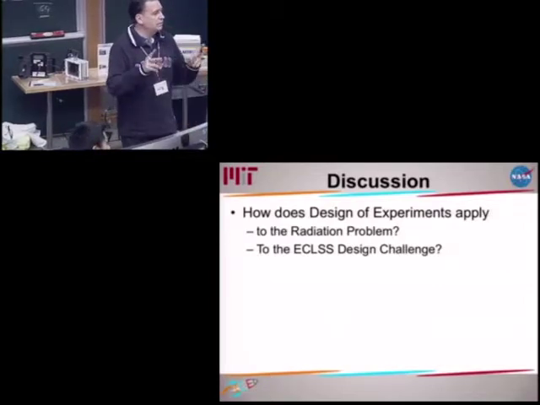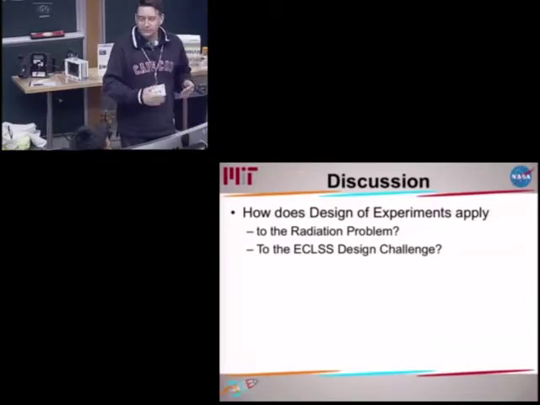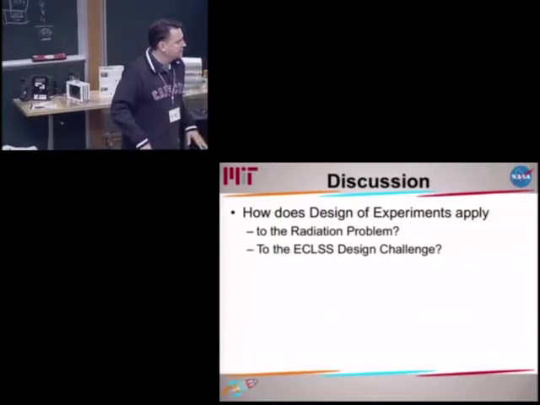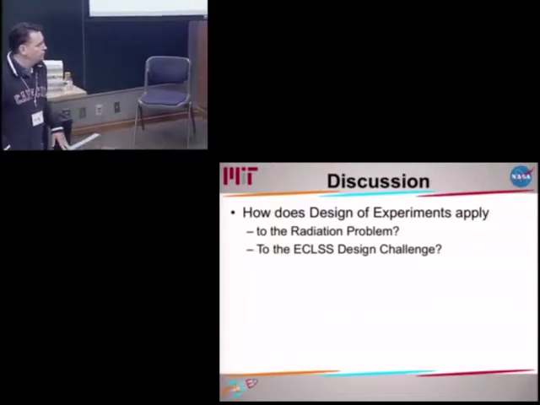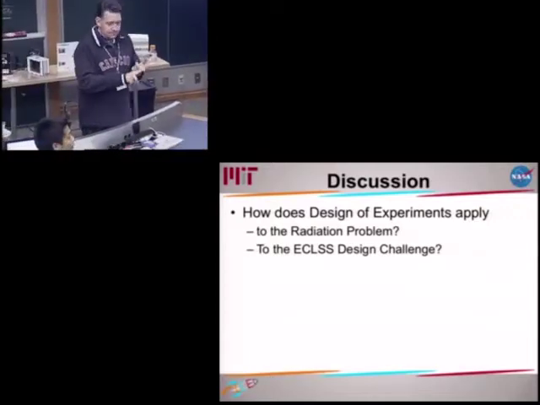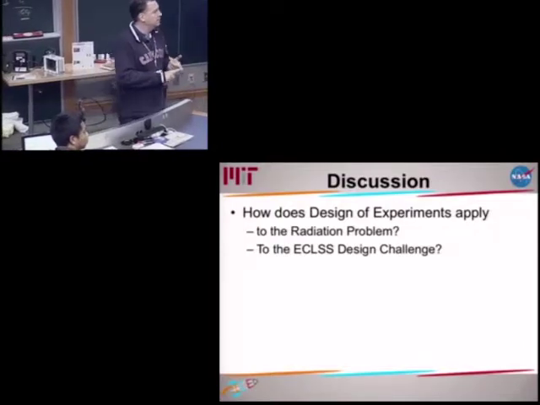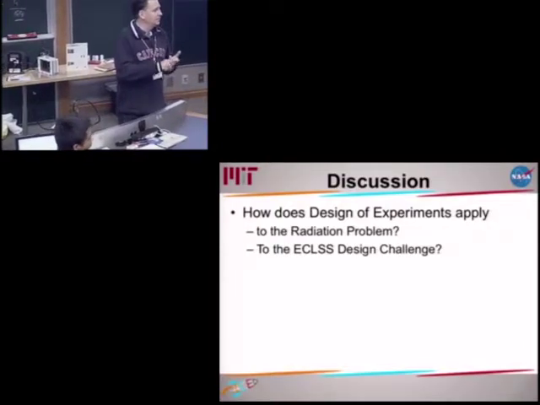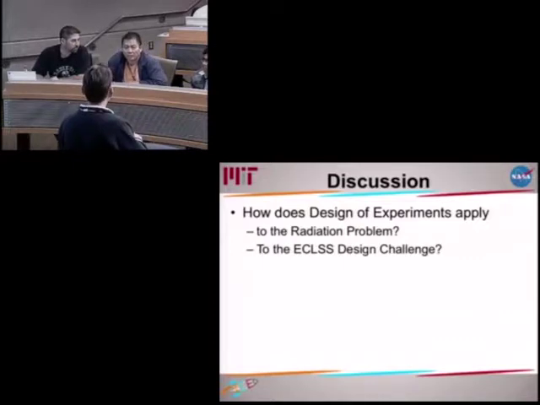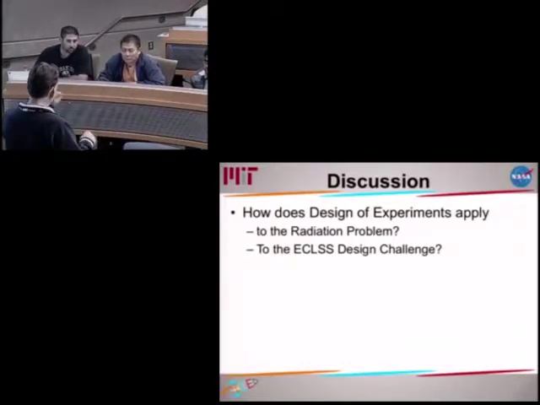Okay. So if you were to do shielding experiments for radiation, what type of material? For example, hydrogen, aluminum, and polyethylene. Polyethylene, okay. So that would be the factor, material type.